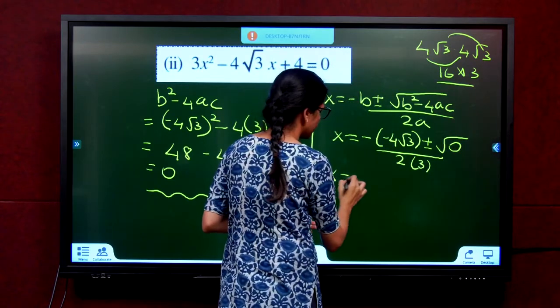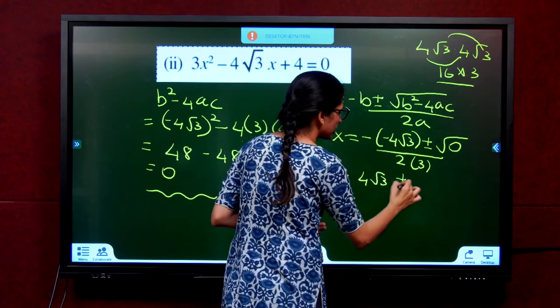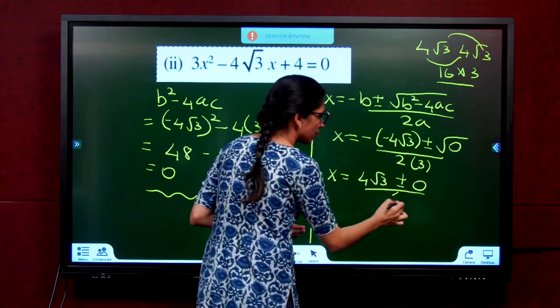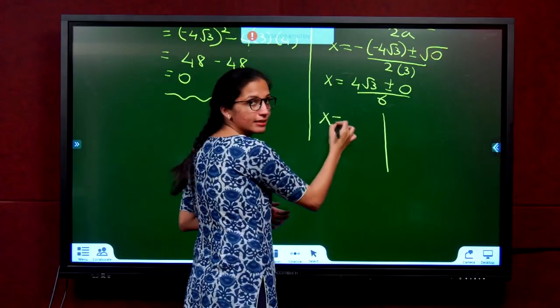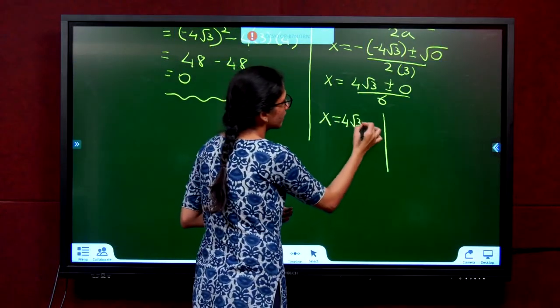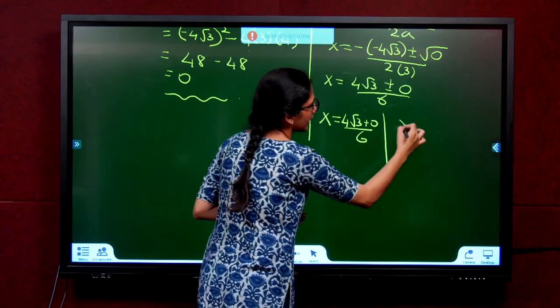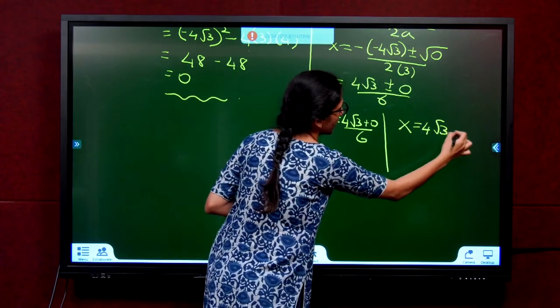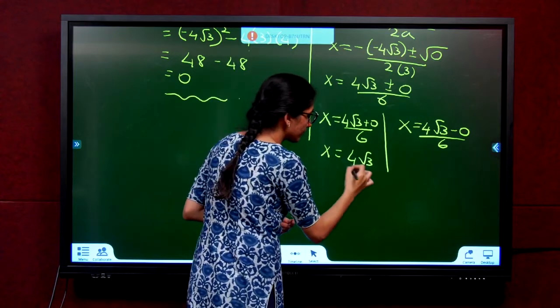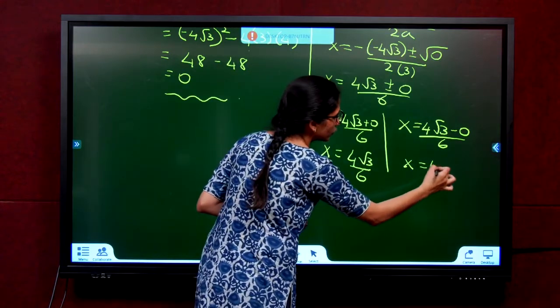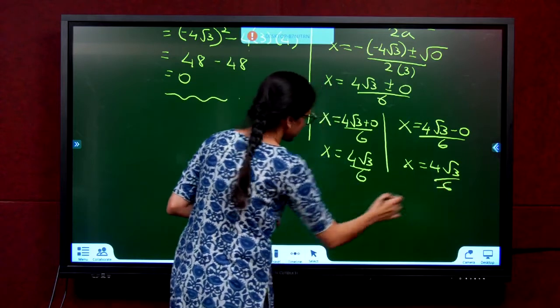So x equals 4√3 plus or minus √0, that is 0, by 6. What are the two possible solutions? x is equal to (4√3 + 0)/6 and x is equal to (4√3 − 0)/6. x equals 4√3 by 6.